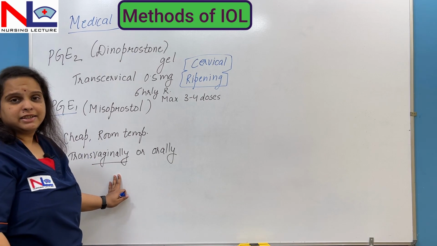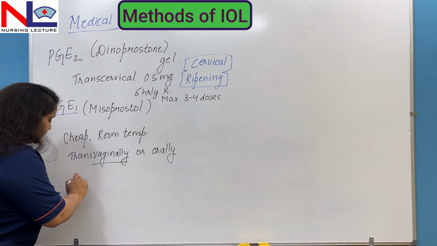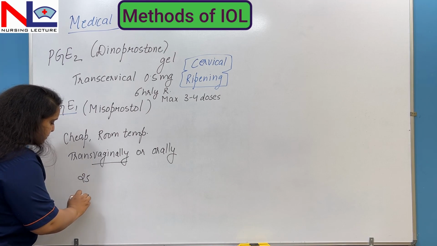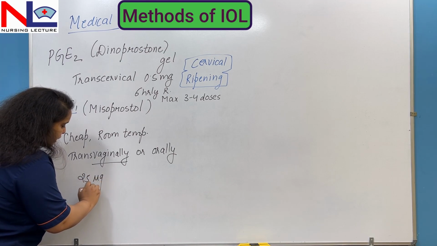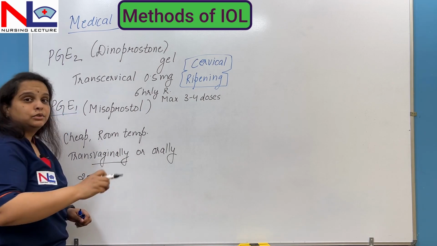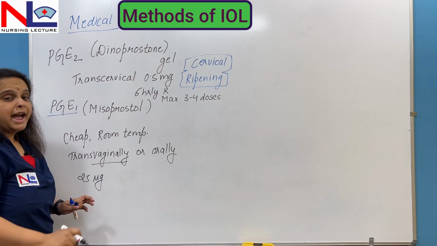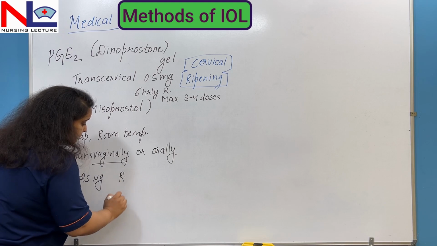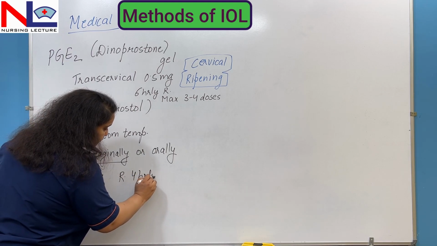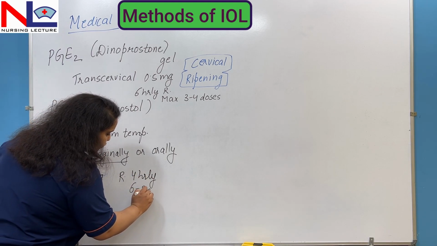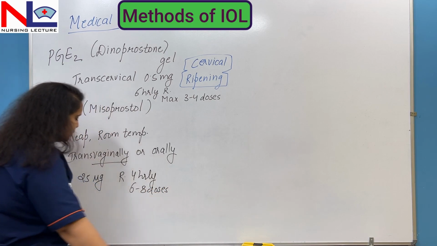So vaginal efficacy is more. We can administer a maximum of 25 microgram transvaginally, repeated every 4 hourly, up to a maximum of 6 to 8 doses.